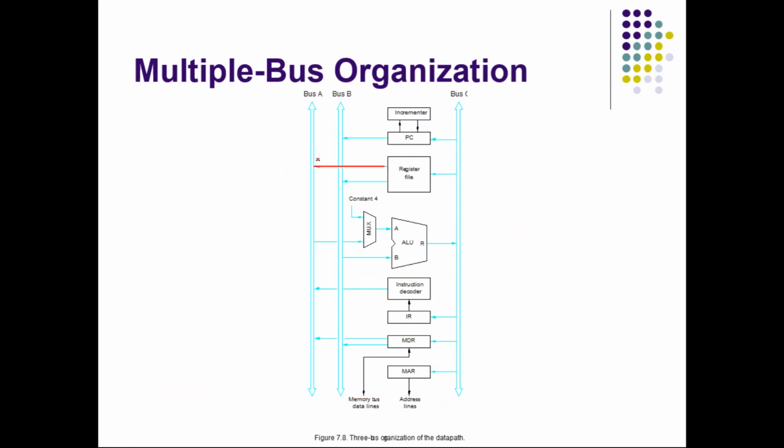So this is R4, in bus A you have R4, and in bus B you have R5. So this R4 is now available through the second input of the multiplexer, and R5 is available through B. Because it is available in bus B, this R5 comes here, and this R4 comes here.